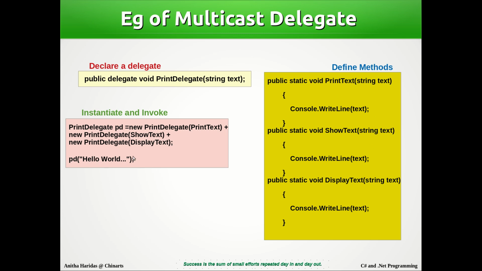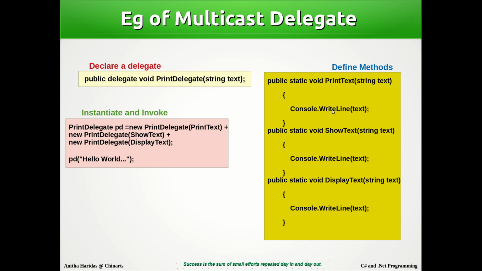This string value will be passed to the PrintText method first, because that is the first in the calling list. Then hello world will be passed to the ShowText method. Then hello world will be passed to the DisplayText method. DisplayText is the last method invoked in the calling list.